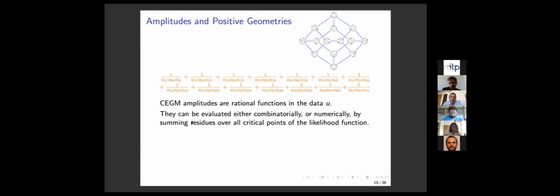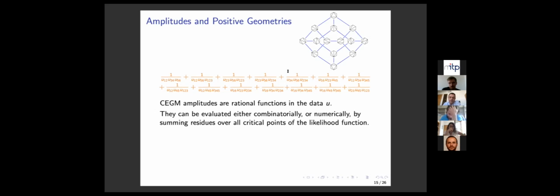Here is the example for 6 points on the line. This is a rational function that's the sum of 14, that is to say Catalan many, reciprocals of products. These 14 correspond to the 14 triangulations. Here's the associahedron. And the U's are the data, the Mandelstam invariants. The U's with 3 indices, so U123, is a shorthand for U12 minus U13 plus U23.